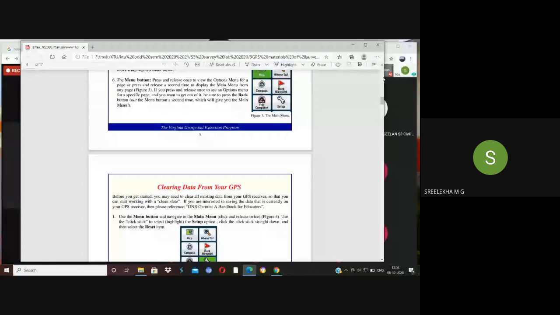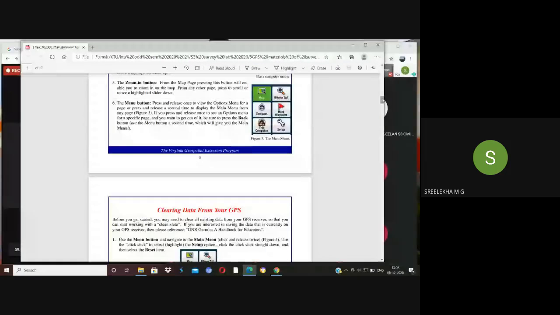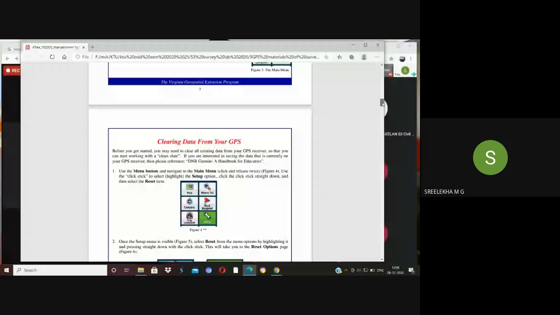In this picture itself, it is explainable. Some map, where to, compass, mark waypoint, like that. Different options are there in the main menu. So these are the different pages that you can see in the menu. In which page you have to go deeper, you do by means of your press or mouse button.